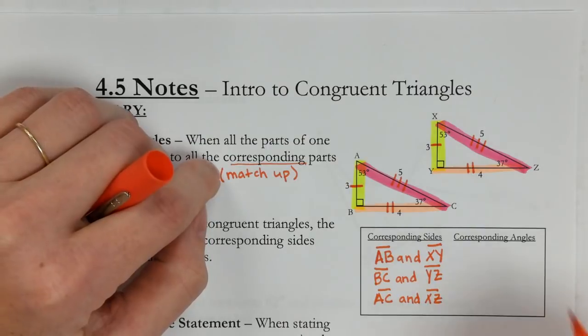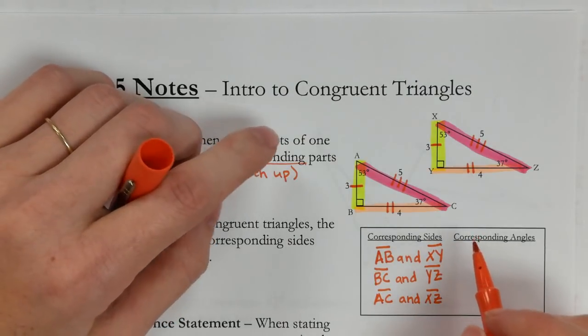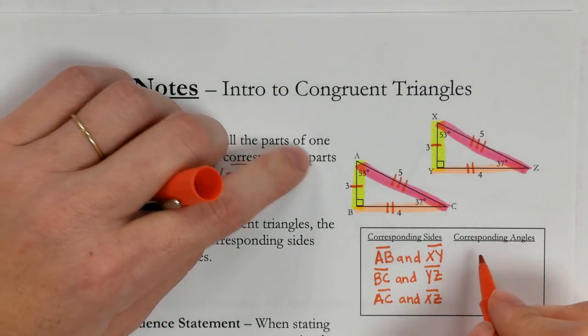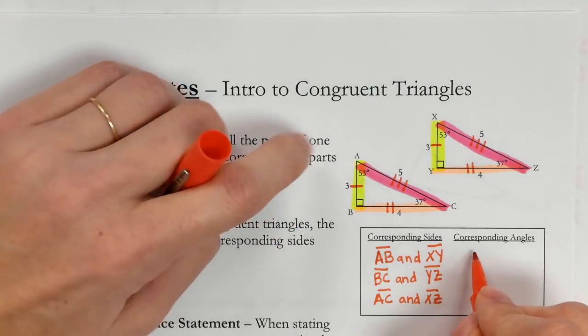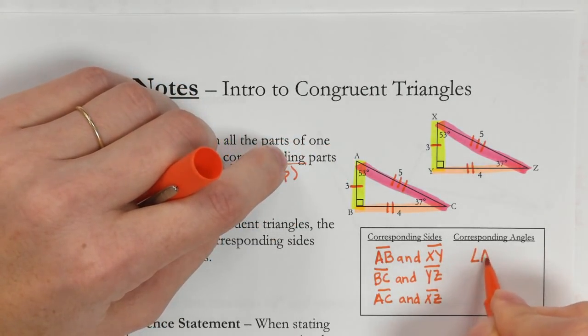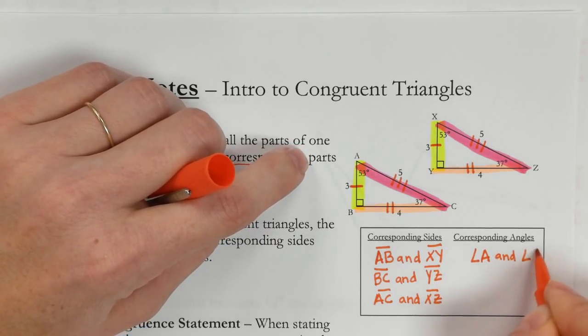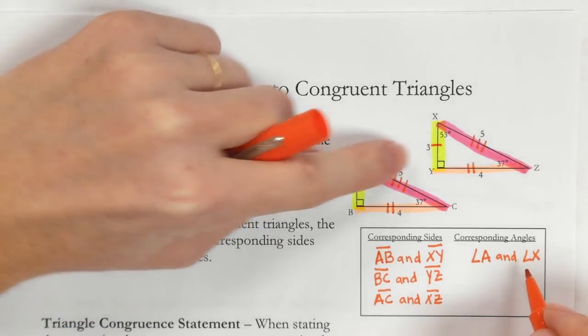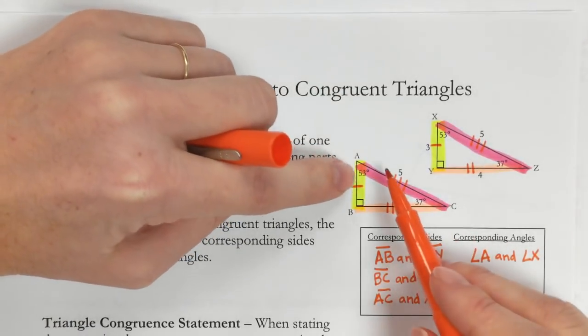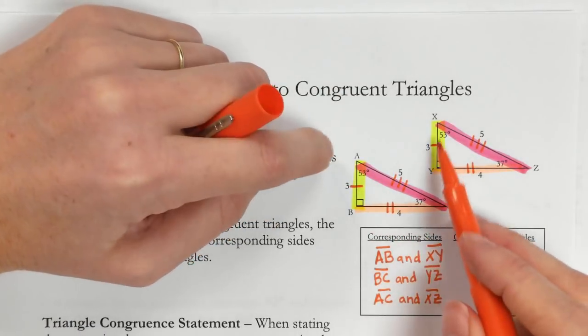Then if I wanted to name the corresponding angles, luckily in this picture I can name the angles with 1 letter, since you all know what I'm talking about if I say angle A. So I can say angle A corresponds with angle X. I know that because they're both 53 degrees. I also know if I'm looking at the color, I have yellow and pink on both.